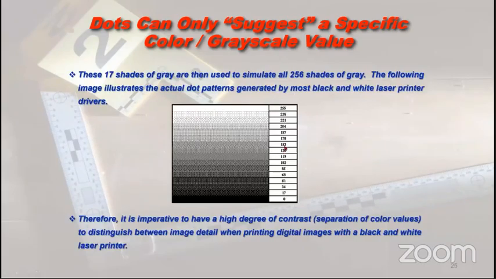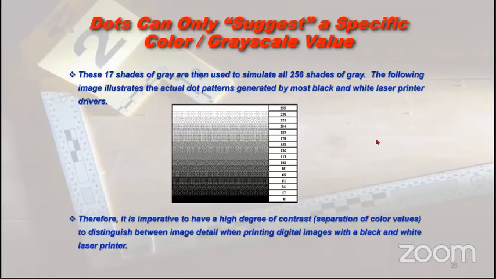Just to give you an idea, these are the 17 different shades of gray that a printer can print with the number of dots. And you can see that if you have a color value that is close to 204, but actually has a value that is closer to 187, I could have a characteristic on my footwear impression that is going to be represented by the same pattern of dots as the background.